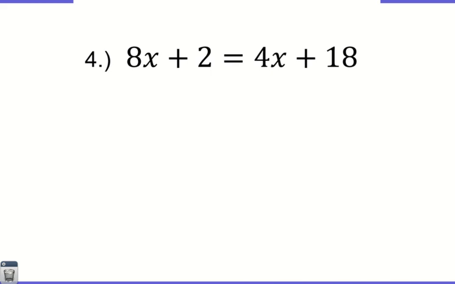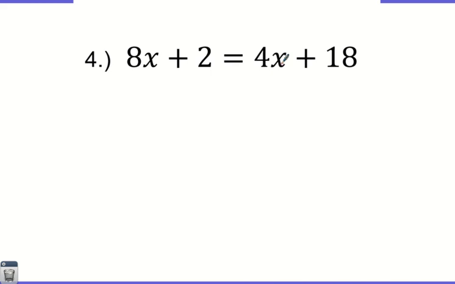You pretty much always look to clear parentheses first and then do anything that is possible to simplify just on the left side or just on the right side. I'm talking about combining like terms, for example. But in number 4, there's none of that.